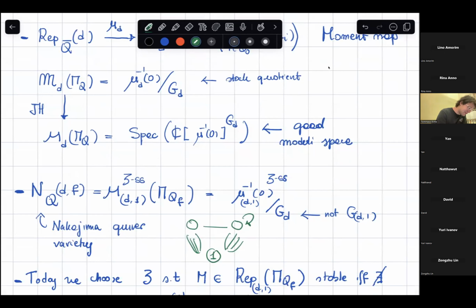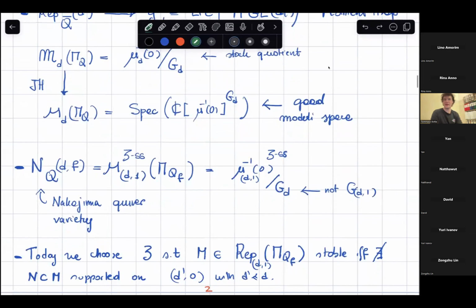This is a classical construction, but I think that for us it would be important to think about the Nakajima varieties in this way, simply as moduli spaces of representations of the preprojective algebra of this quiver with some stability condition. And today we will always pick a very specific stability condition psi.